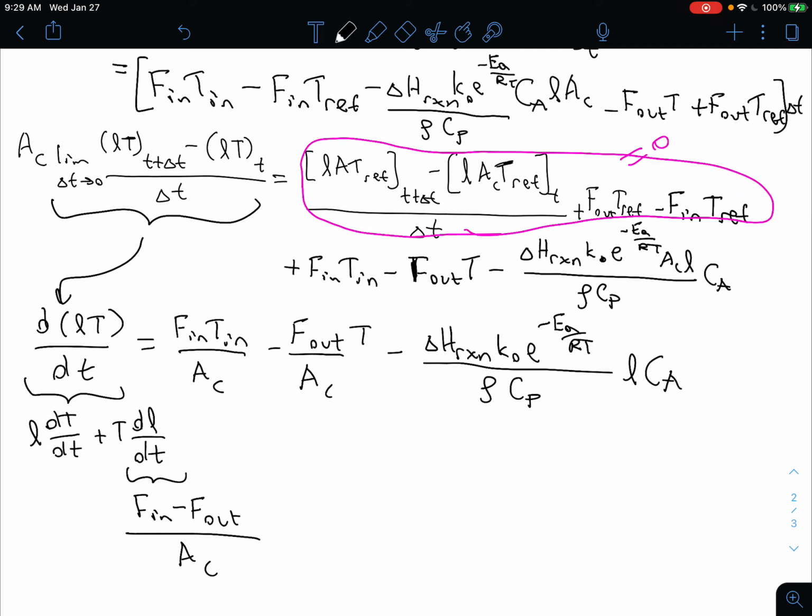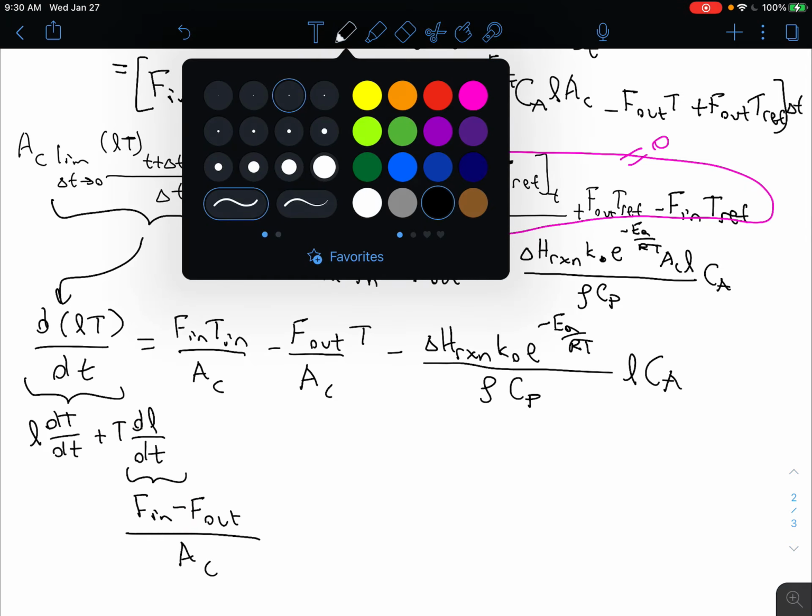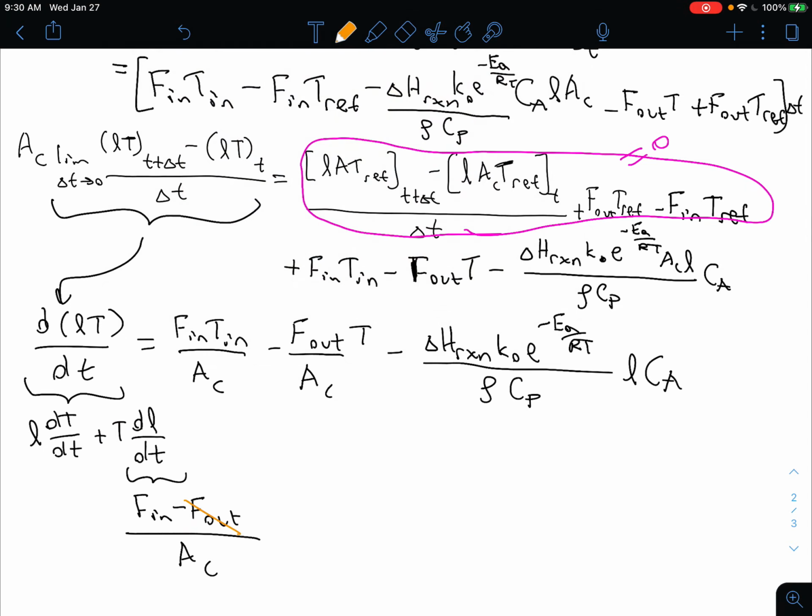And what we will find is that when you multiply T, you'll have F out T over AC on the left side of the equation, and you have that on the right side of the equation as well. So these terms, so this F out, I know I'm not writing it out very clearly, but that F out term cancels.